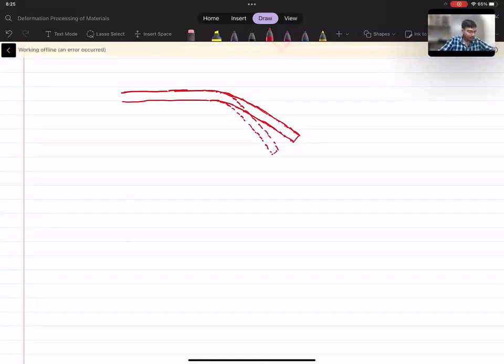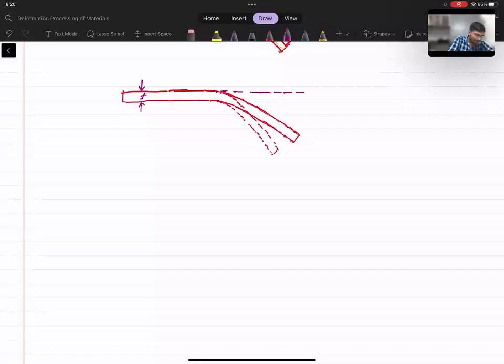So the solid line shows the final dimension or final bending that we want to achieve. Okay. And this dotted line shows the actual extent we need to go so as to achieve the desired bending. So in this case, there will be two bending angles.